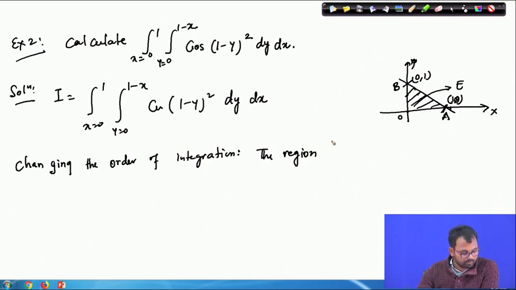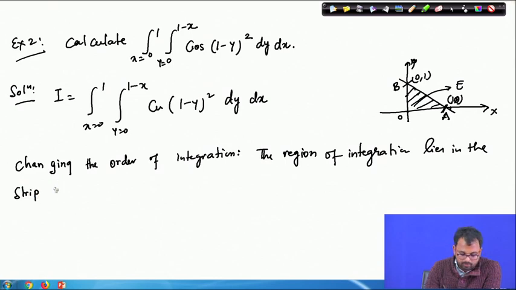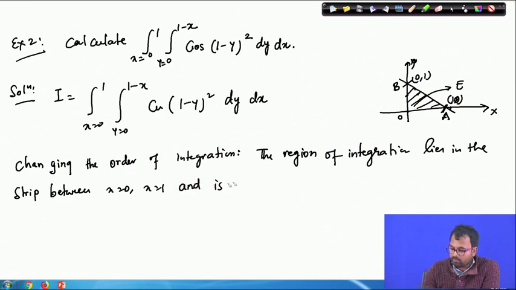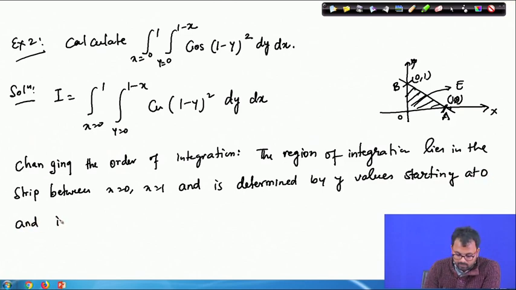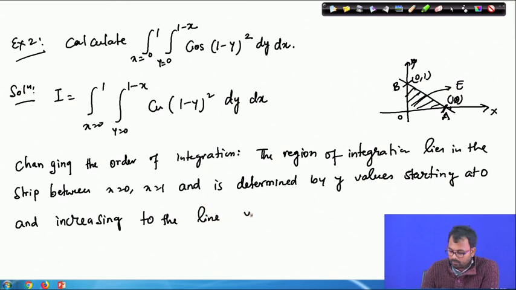The region of integration lies in the strip between x equals 0 and x equals 1, and is determined by y values starting at 0 and increasing to the line y equals 1 minus x. So that's the region of integration.